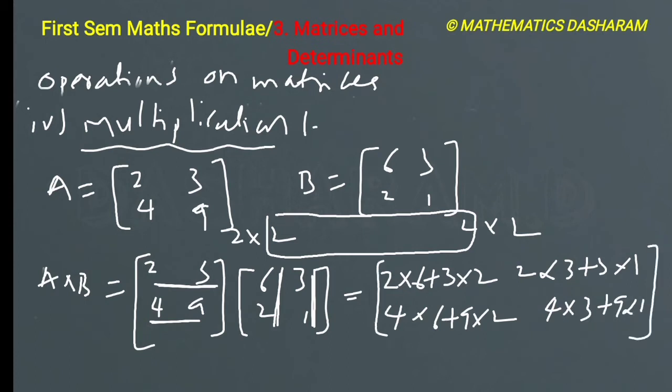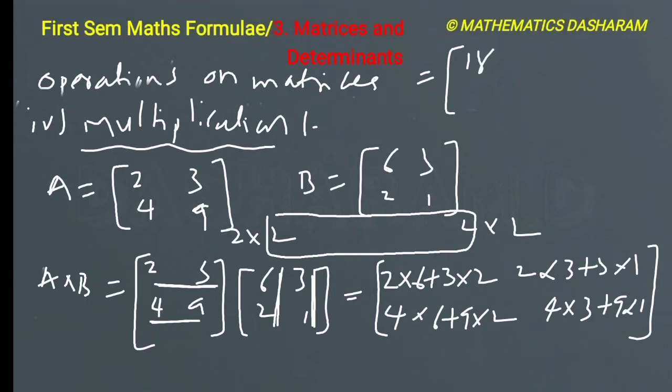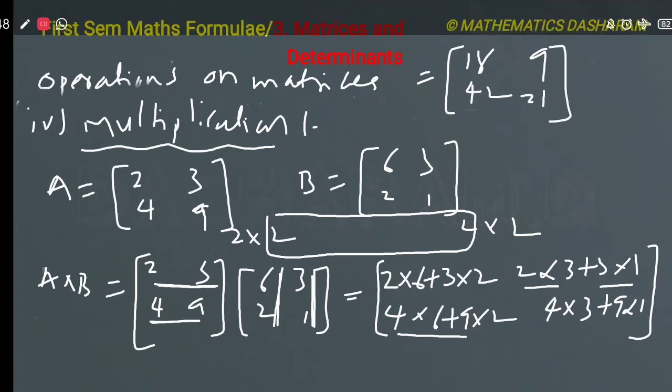So it equals 6 2s are 12, 3 2s are 6, it is 18; 2 3s are 6, 3 into 1 is 3, it is 9; 4 6s are 24, 9 2s are 18, so it is 42. Next 4 3s are 12, 9 1s are 9, so it equals 21. So its order is what? 2 by 2.